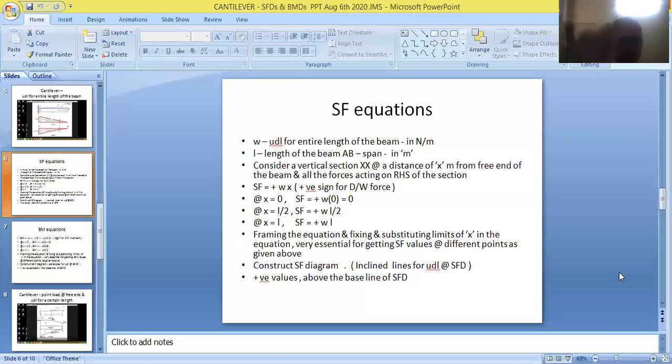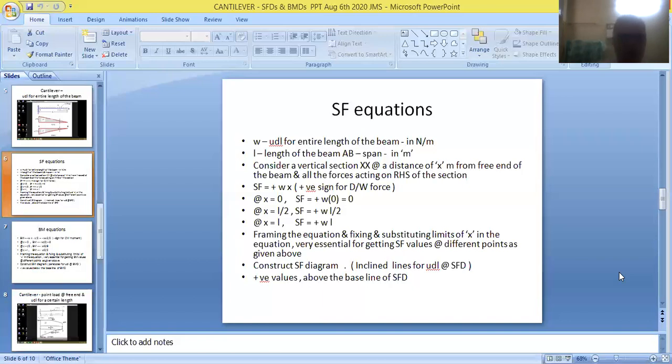So friends, considering the section, framing the equation, fixing the limits of x values, and substituting the limits of x values in the equation are very important. These things are very essential for getting SF values at different points.